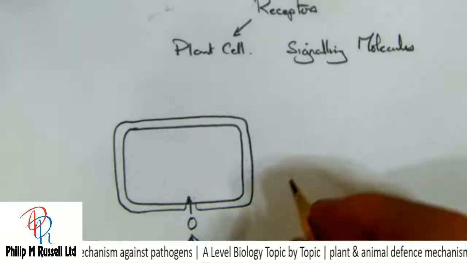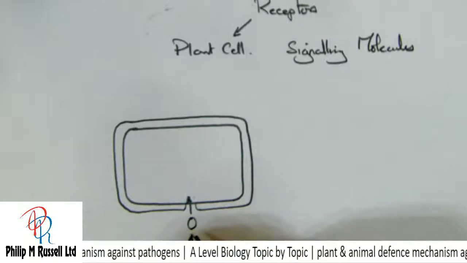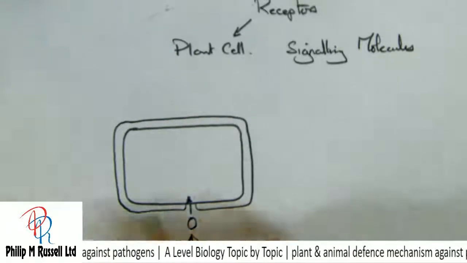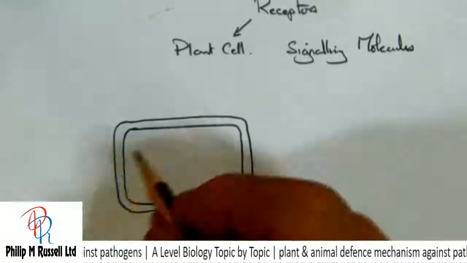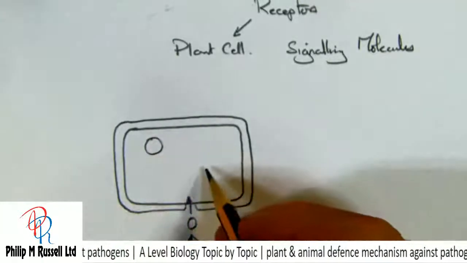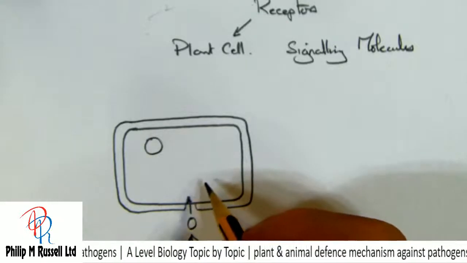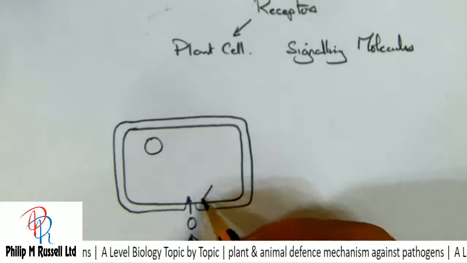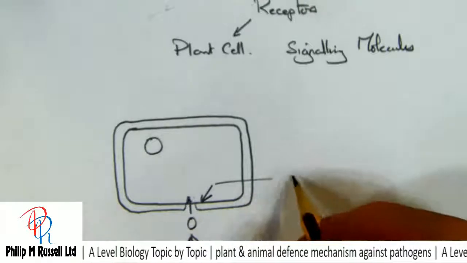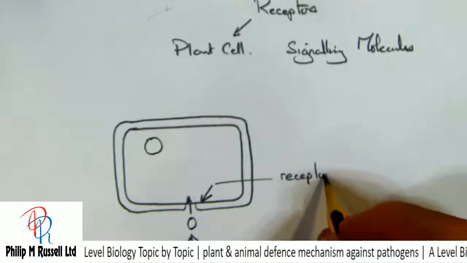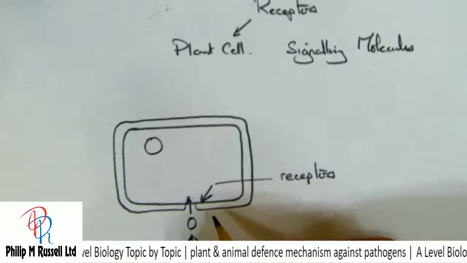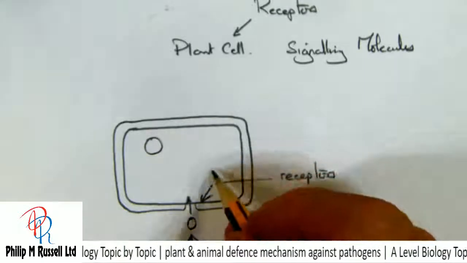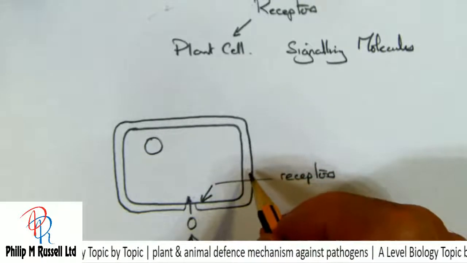Some molecules from this pathogen will be recognized directly by the cell here. I suppose we can put in here our nucleus, and once this is happening, we've got here in the cell membrane these receptors. These are going to give some indication that we're having some damage. Therefore the cell's going to do something about it.